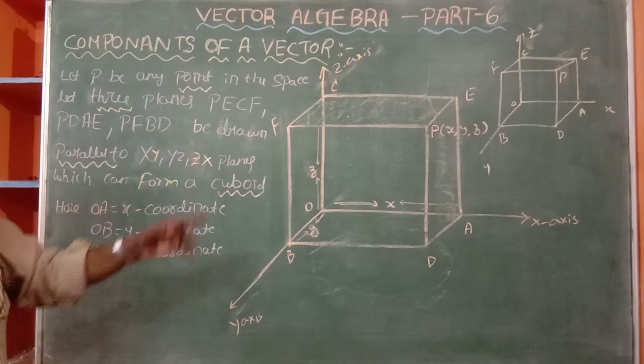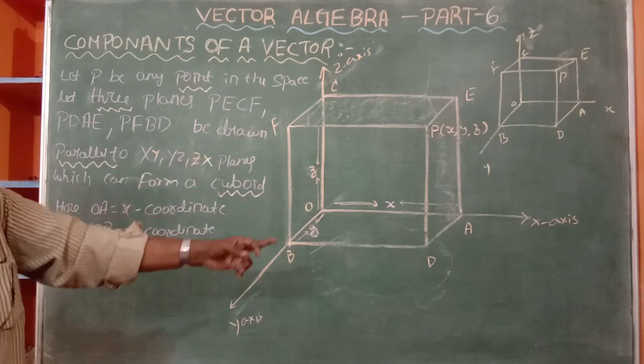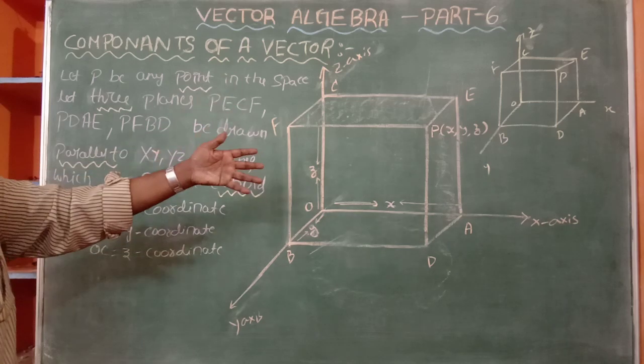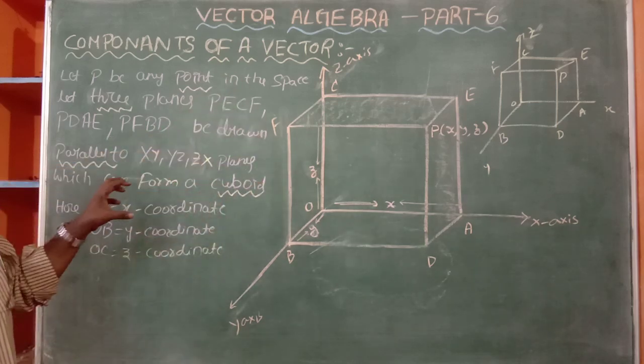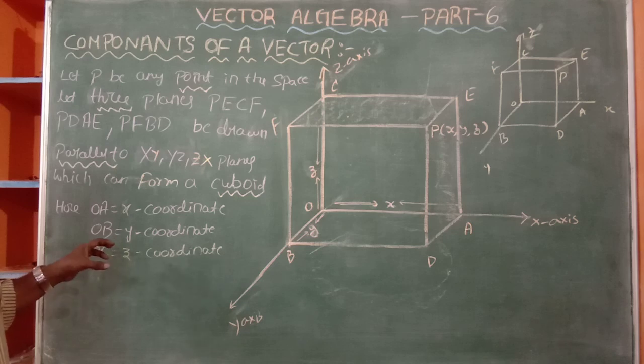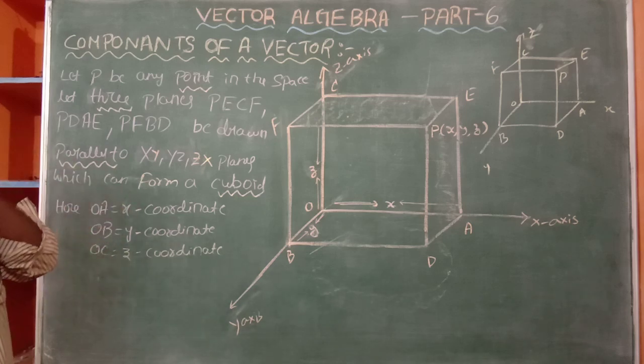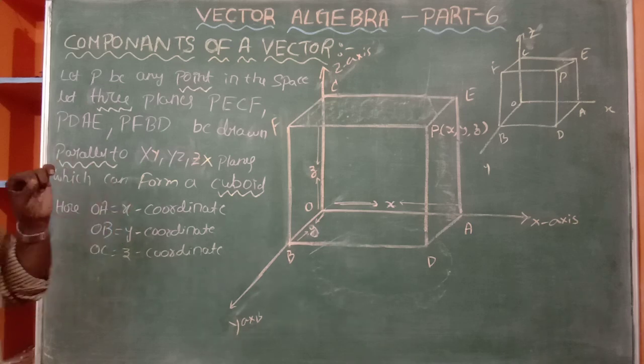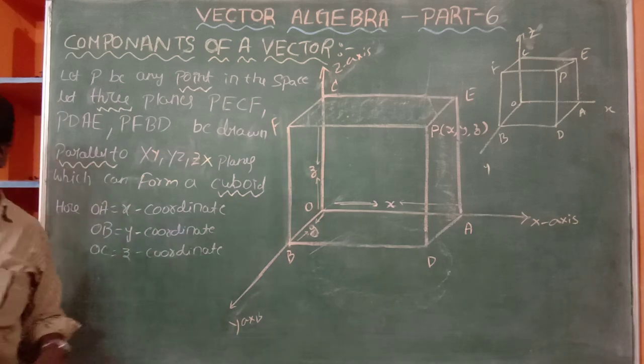What is a cuboid? ADBFCE is a cuboid. OA is the x-coordinate, OB is the y-coordinate, OC is the z-coordinate.